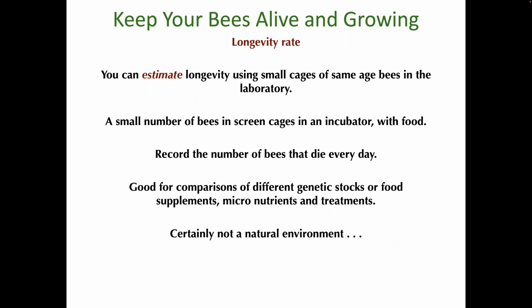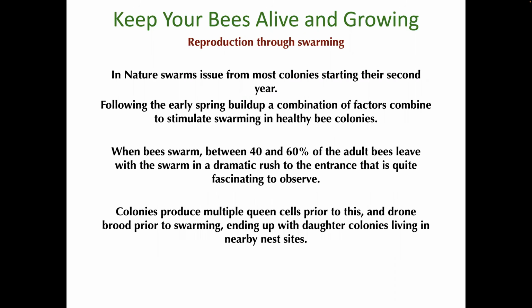My first exposure was back at Ohio State University when Walter Rothenbuhler and researchers like Tom Rinderer were working on hoarding behavior. They would compare bees in small cages with 50 or 100 bees, and they looked at different genetic stocks, food supplements, micronutrients, and other things. Clearly not a natural environment.